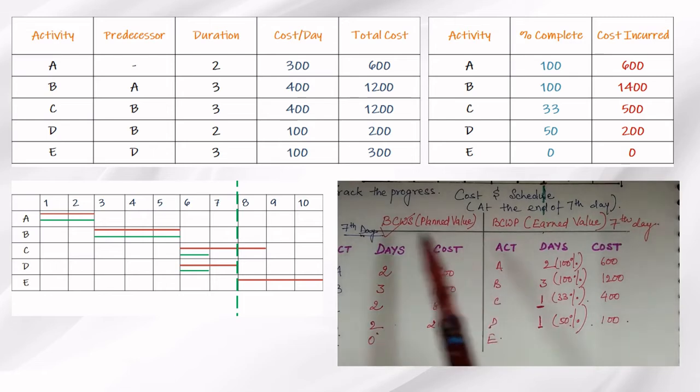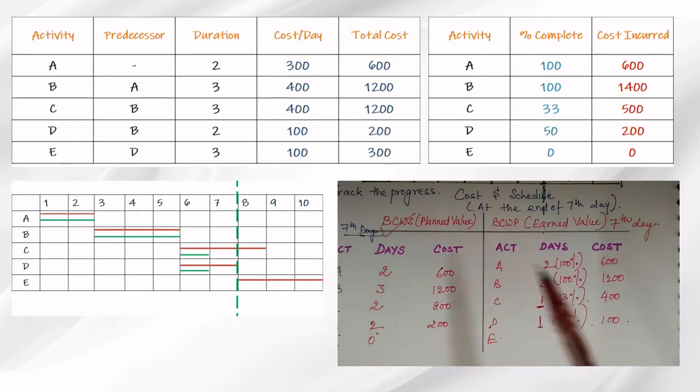I had planned this much work till the 7th day, and this is the cost that I was planning. However, when I monitored, the amount of work varied, but I can derive the cost from the per day cost.